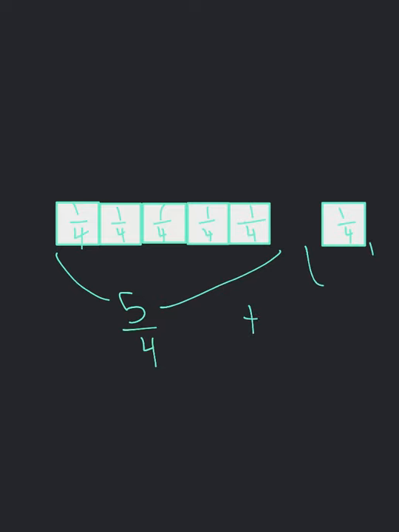All right, so the next one we're going to look at is adding fourths together. So we're going to pretend like each one of these boxes is a 1/4 piece, okay? And we're going to be adding together 5/4, which you can see is this piece right here, plus 1/4, which is this piece right here.